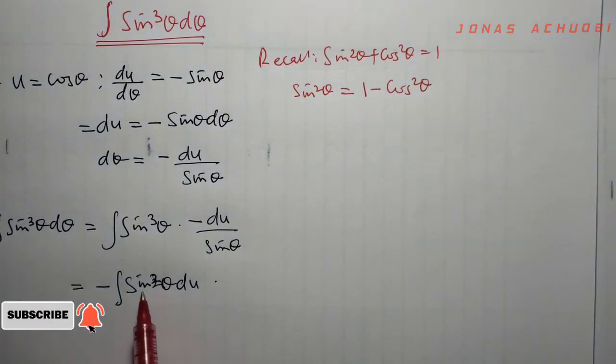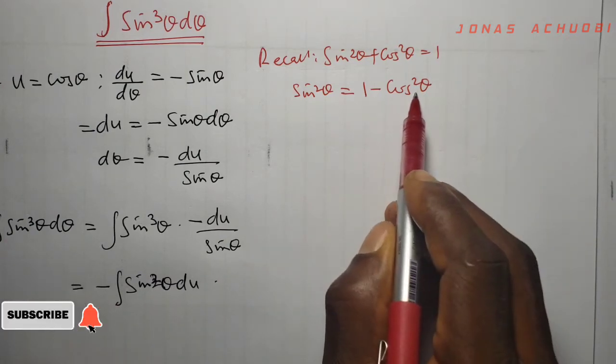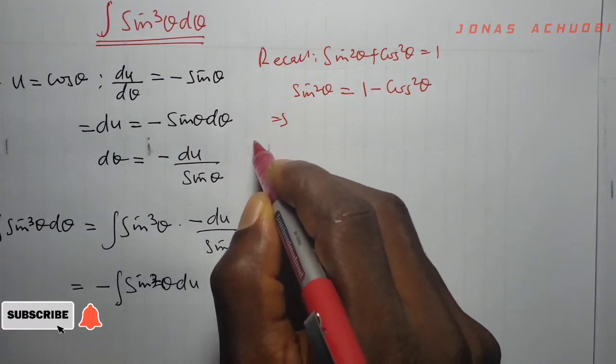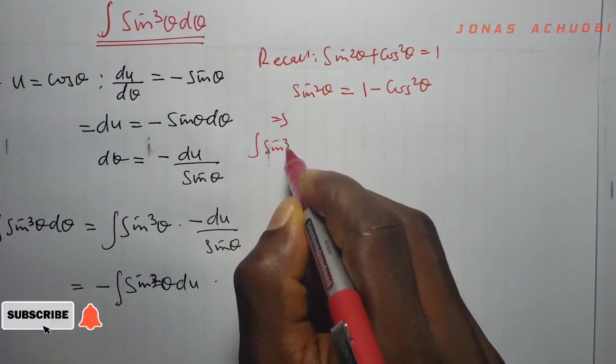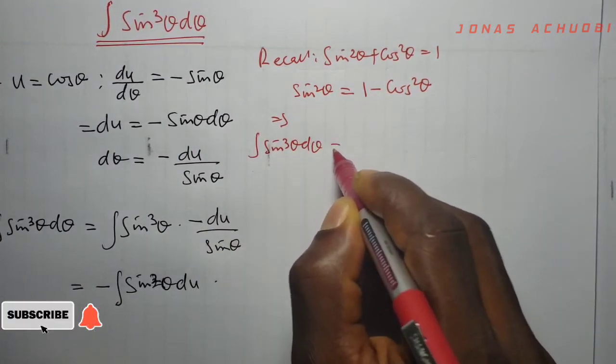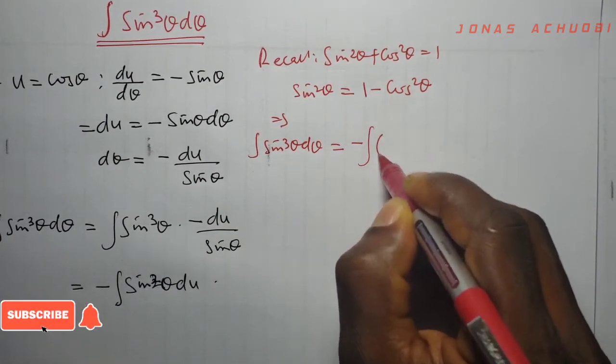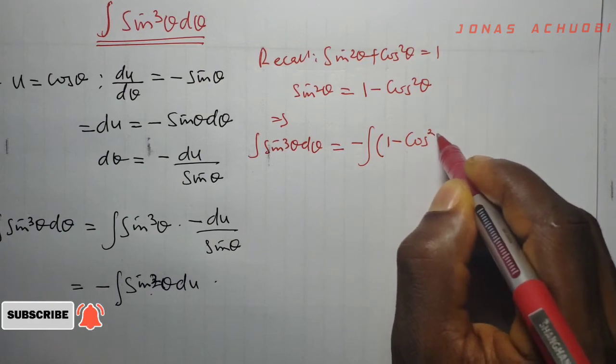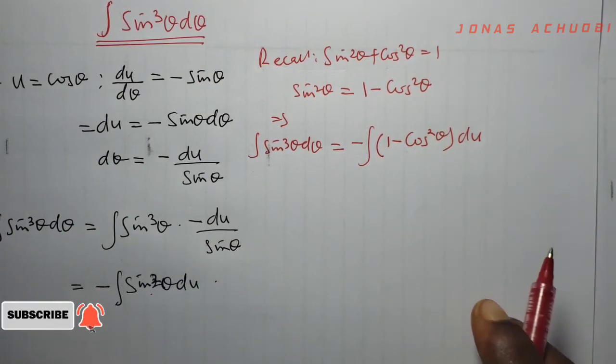So if we replace sine squared theta here with 1 minus cos squared theta, we get that the integral of sine cubed theta d theta is equal to negative the integral of 1 minus cos squared theta du.